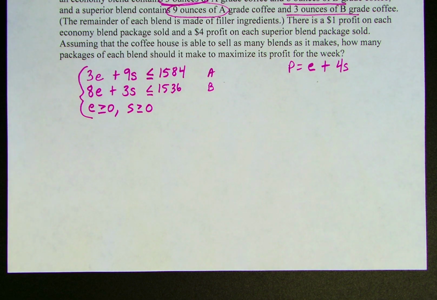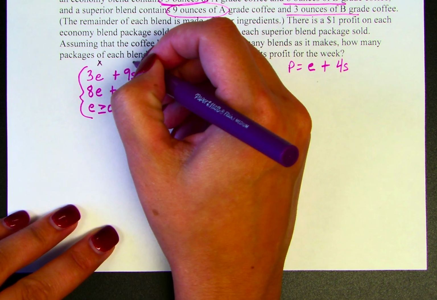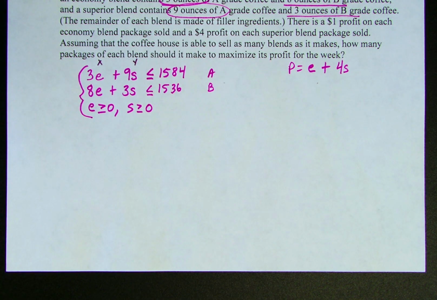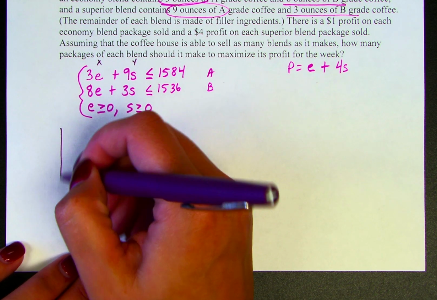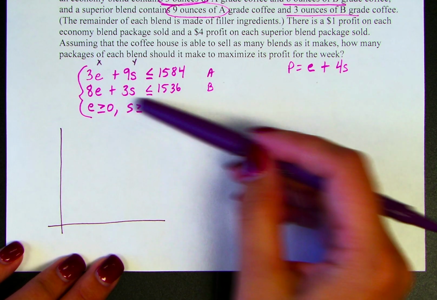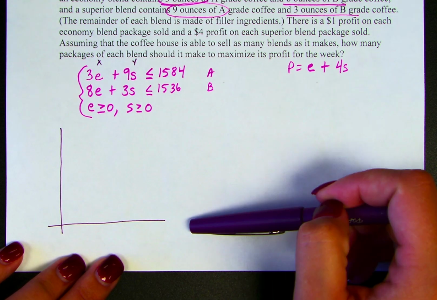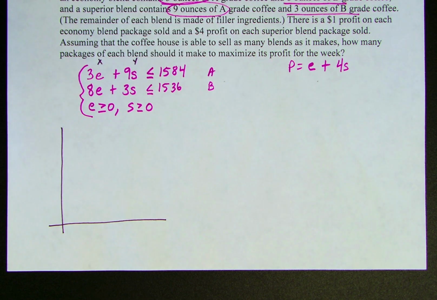So just to make it simple, I'm going to say that E represents my x's and the S's represent the y's. And then we're going to need to do a rough sketch here. So let me just get my axes set up. And so this represents the x and y axis. Okay. And then we're going to need to solve these for S before we can start doing our sketches.